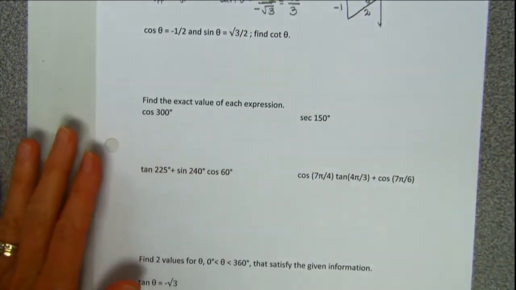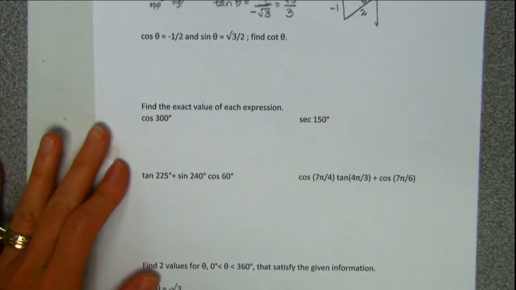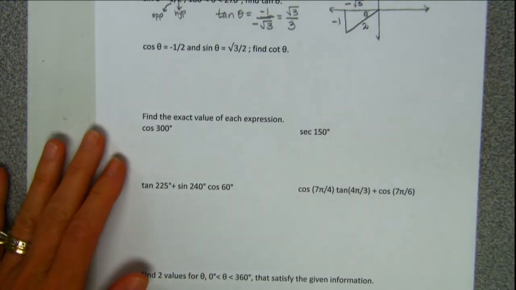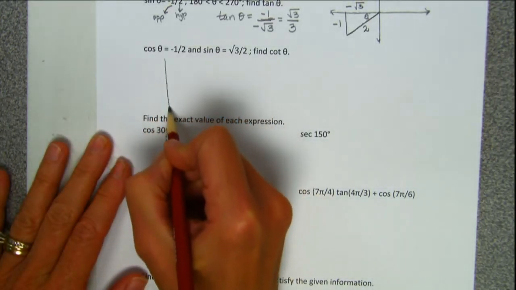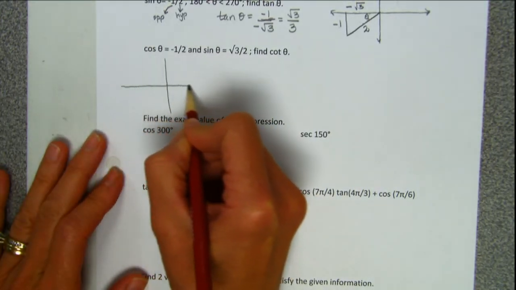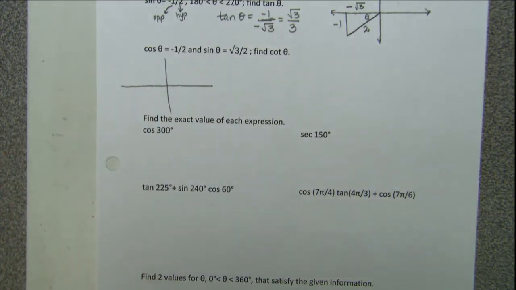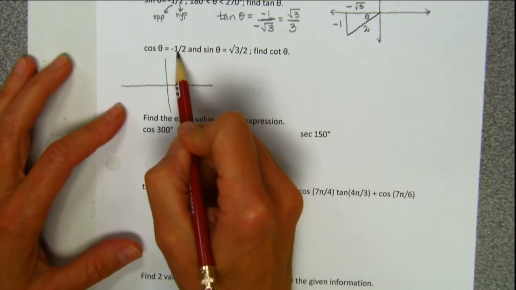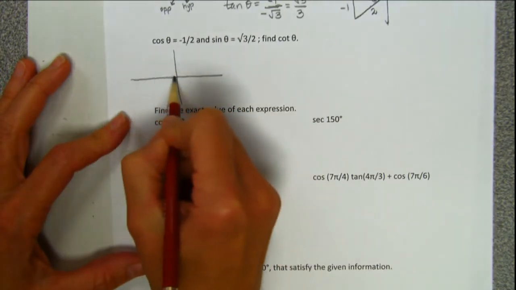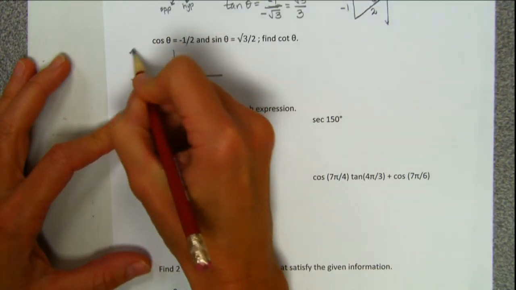All right, the next one, the cosine of theta is negative 1/2, and the sine is root 3 over 2. Find the cotangent. How does this bring today's lesson together? Well, we got to find where theta is located. What are we given? The cosine is negative. We're either here or here.